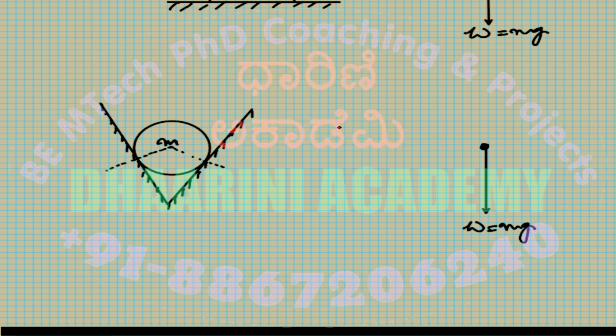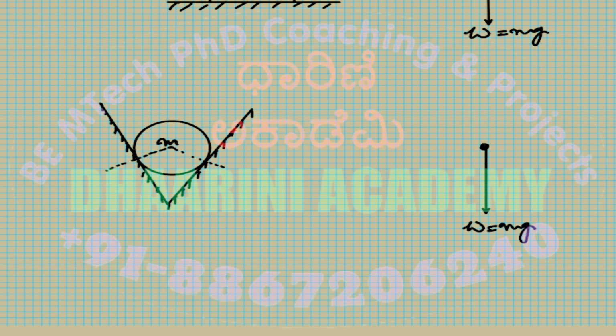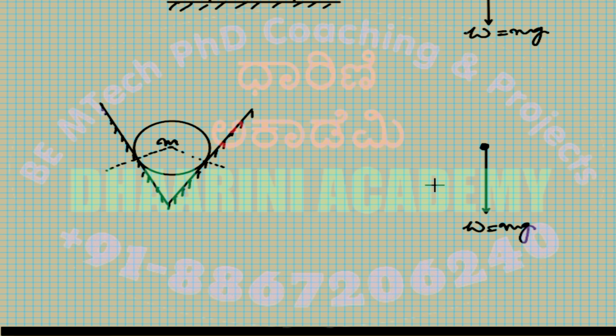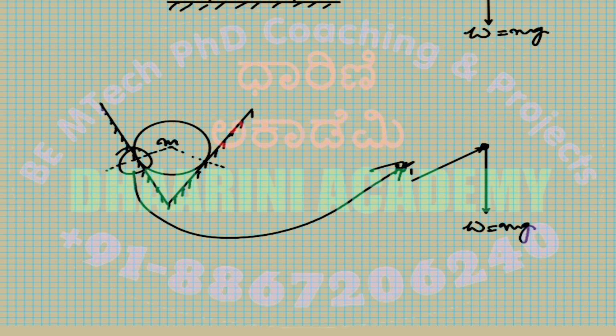I will show you both the options now. One is that you can draw something maybe like this. So you assume that this is one of the forces. This is the normal force at this point. I am writing it over here. Okay, that's one force.